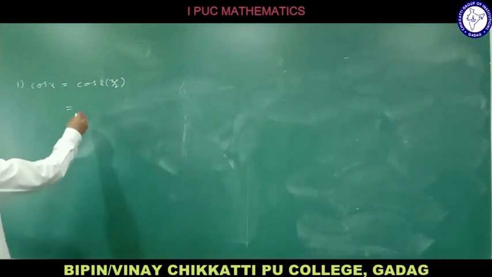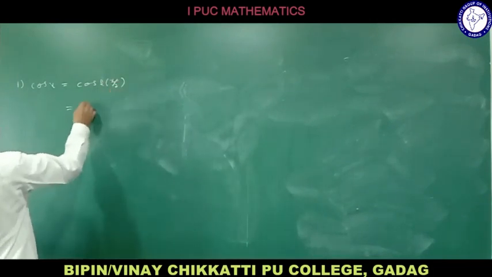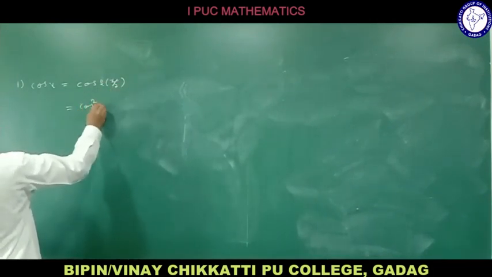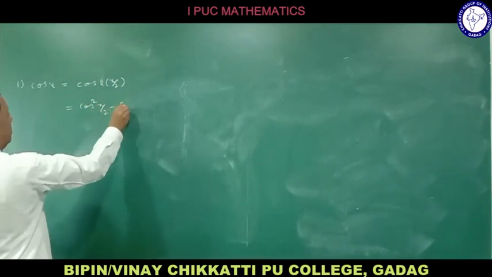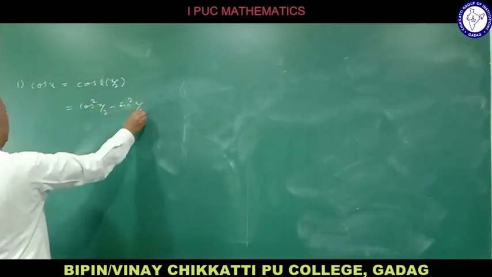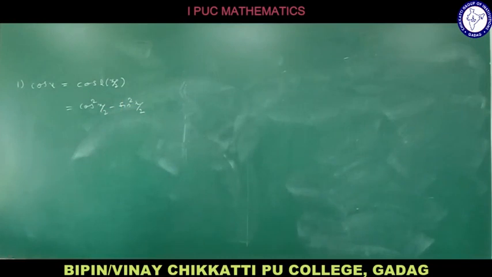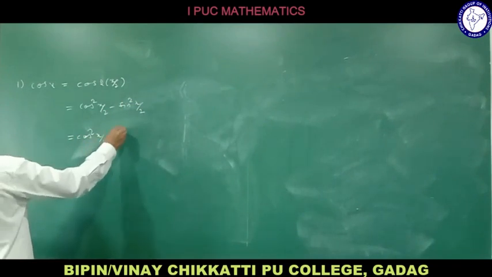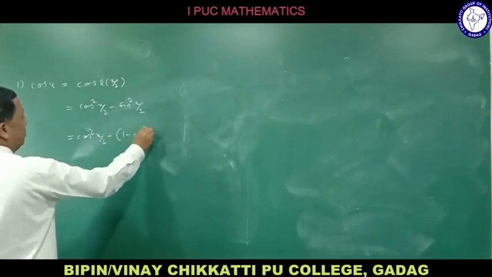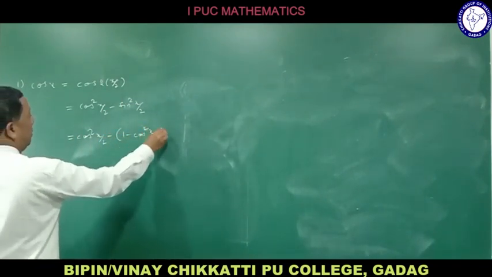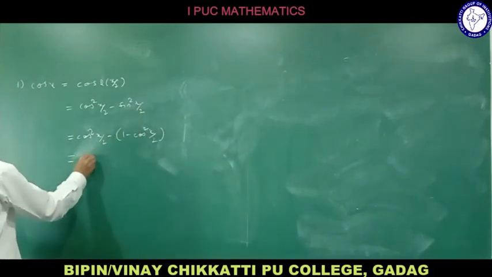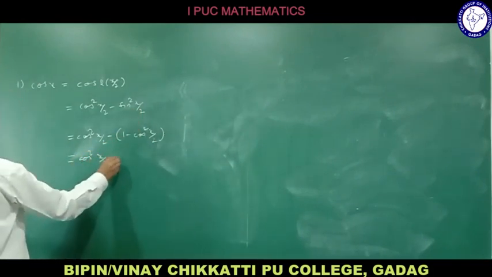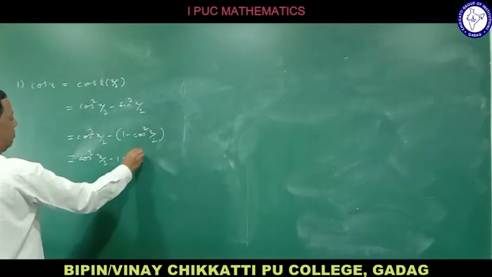You know that cos 2x is cos square x minus sin square x, so cos square x by 2 minus sin square x by 2. Now here you can see this is cos square x by 2 minus of 1 minus cos square x by 2, since sin square equals that. So cos square x by 2 minus 1 plus cos square x by 2.